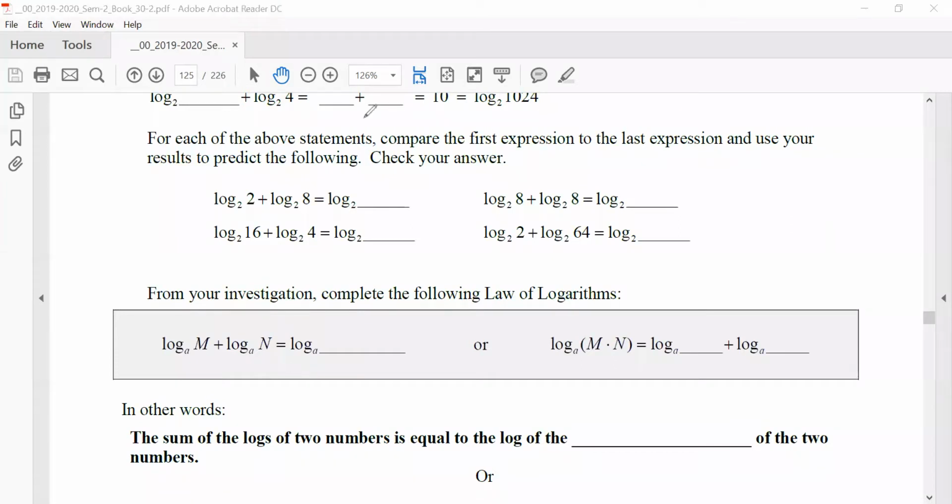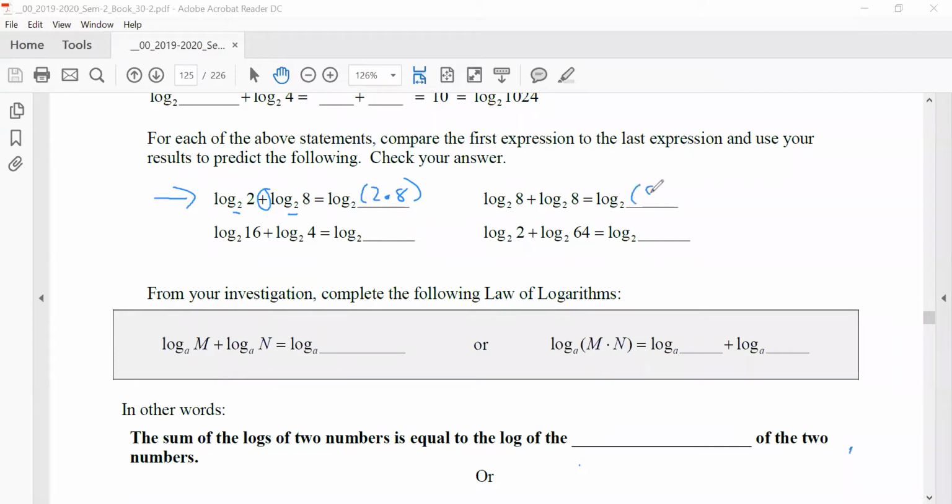Essentially, looking right here, I notice that the base of my logs are the same. There's a plus sign in between. So what this tells us is I can multiply what's inside my logarithms together. That's called the argument, what's on the inside. So addition turns into multiplication.